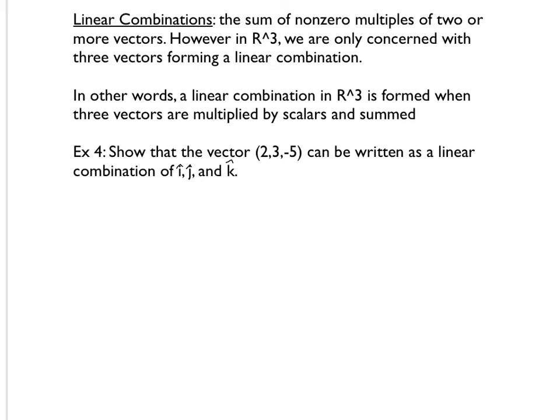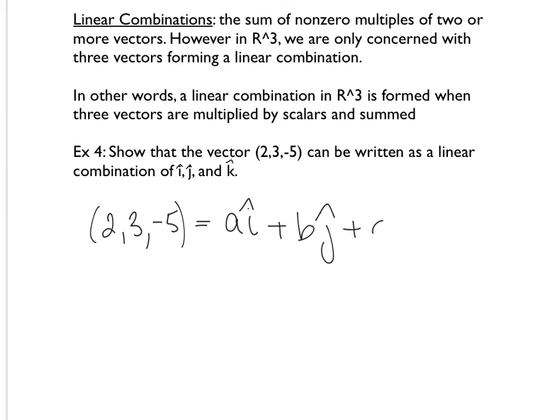So first step, we just want to write this in unit vector form. So you're going to have a times your unit vector i plus b times unit vector j plus c times unit vector k.